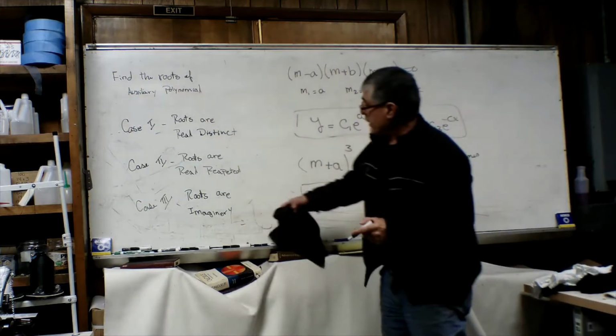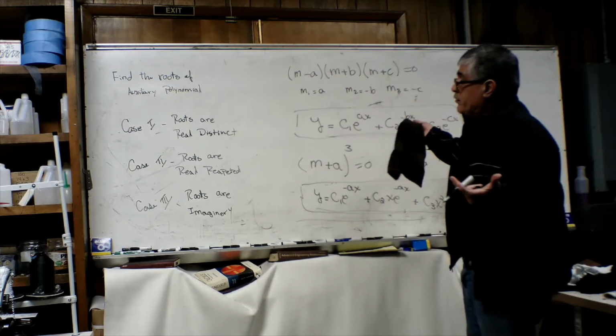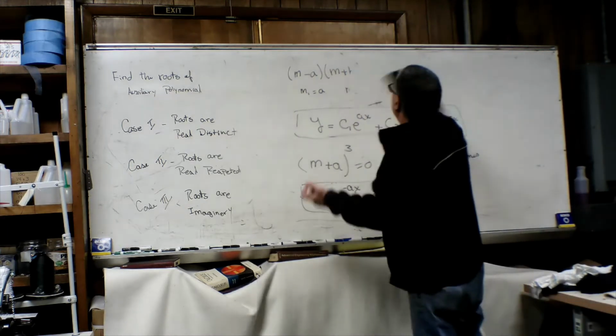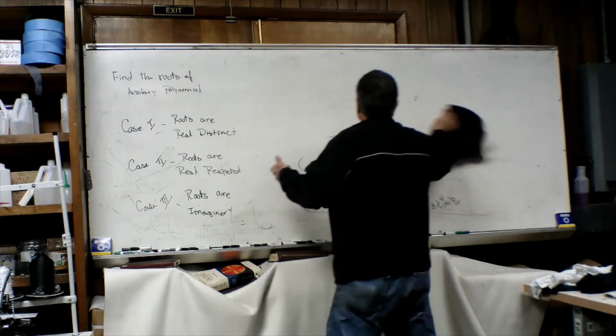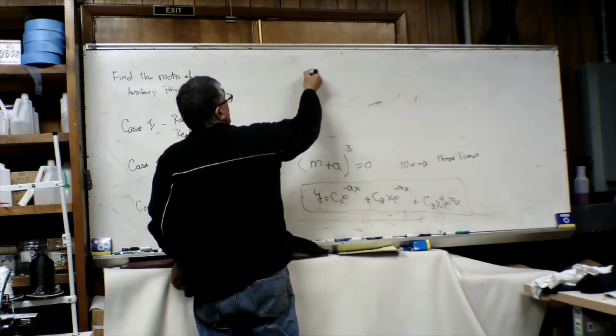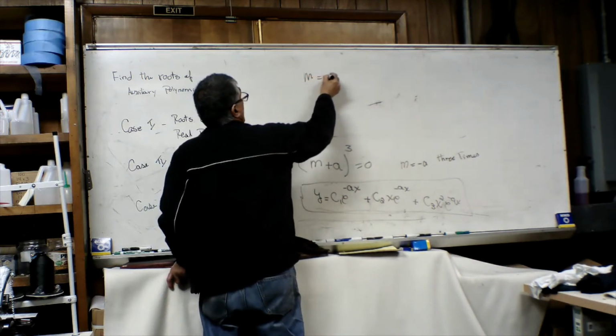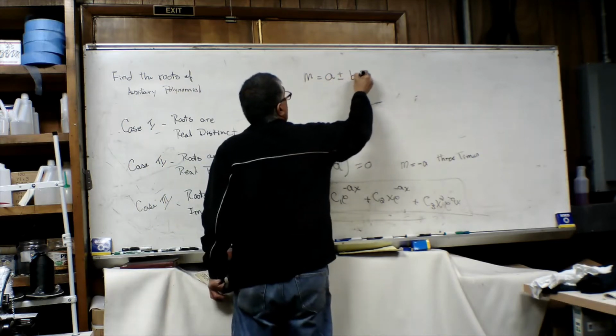And the last case, case 3, let's say the roots are imaginary. Let's say the root will be m equal to a plus or minus bi.